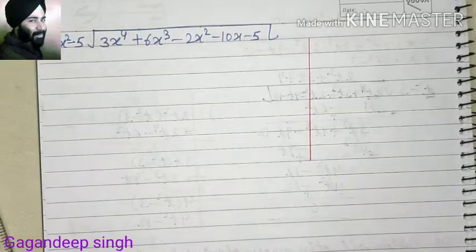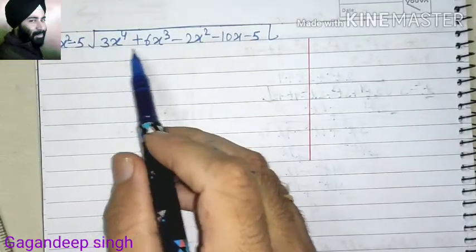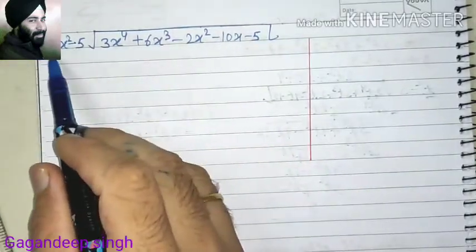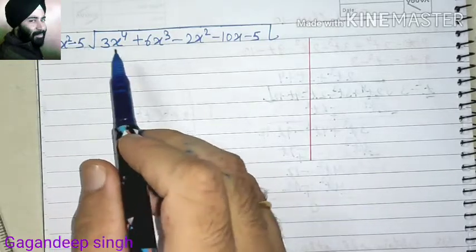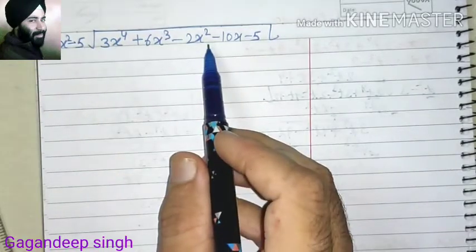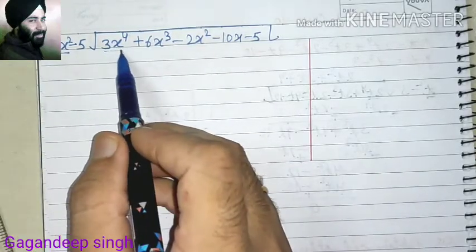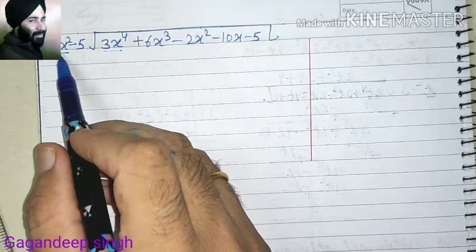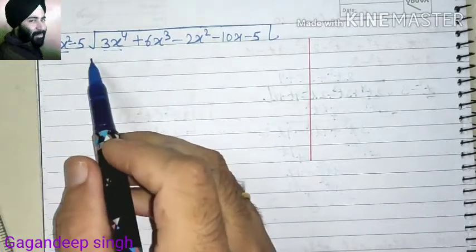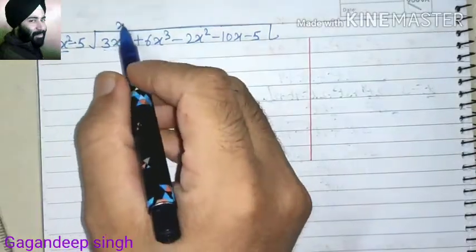Now to find other two zeros of polynomial, we divide the polynomial by factor 3x square minus 5. Terms are in descending order of exponent. First value is 3x square and there is 3x4. So by which number we should multiply 3x square to get 3x4? It is x square.